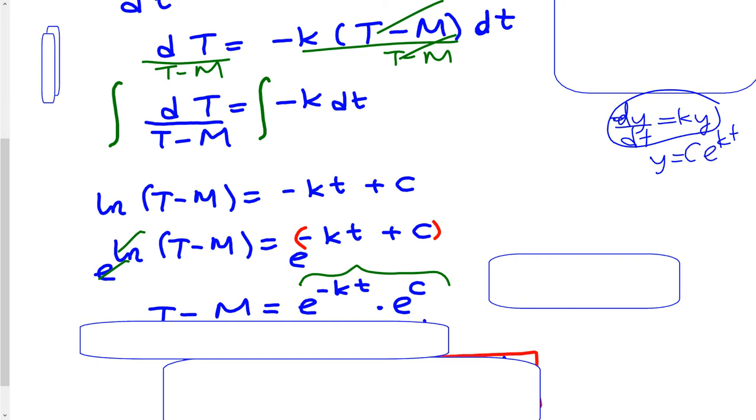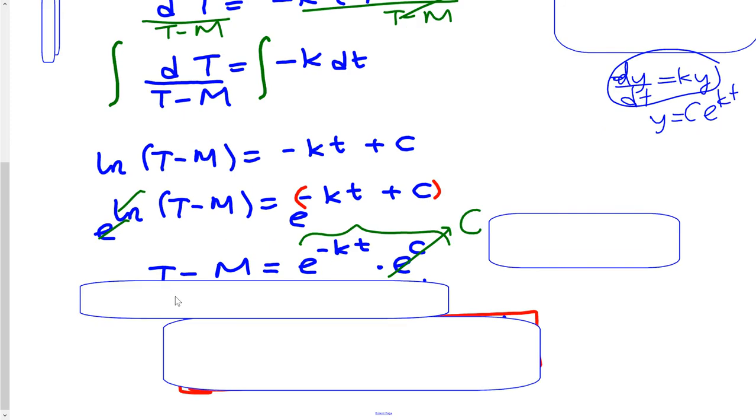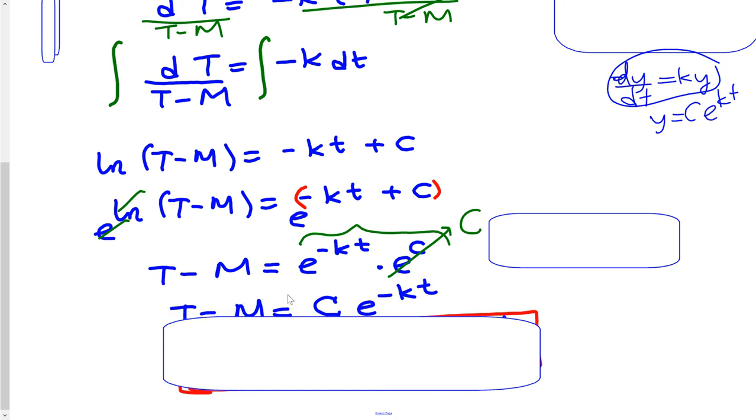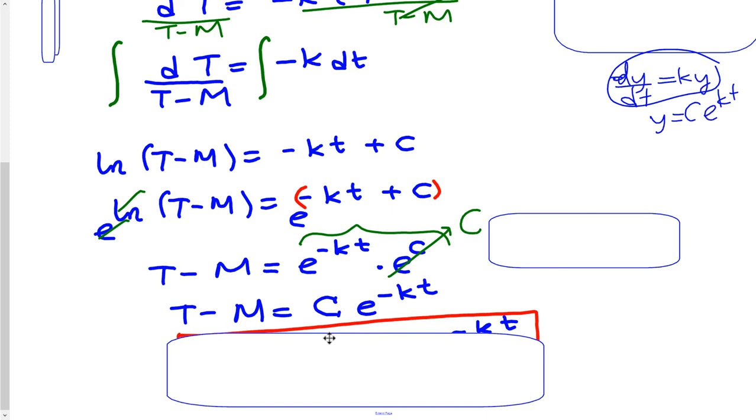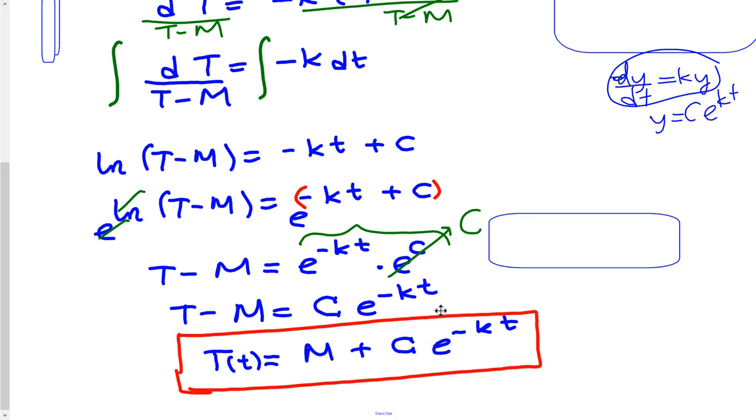And then e to the C is yet another constant, which I'm going to call capital C. So at this point, I have T minus m equals capital C times e to the negative kt. And remember, I'm trying to solve for capital T, the temperature at any given time. So capital T equals, add m to both sides, m plus C times e to the negative kt.